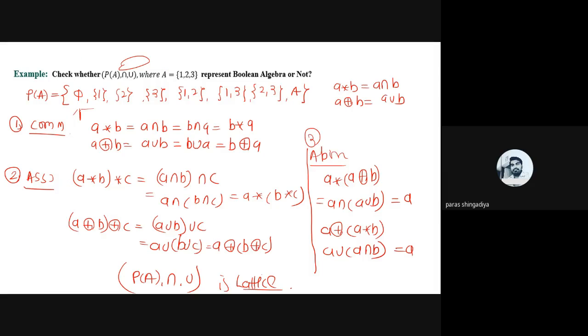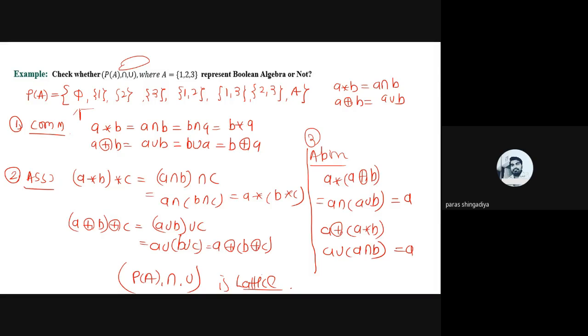Clear? Then next is {1} dash. Okay, complement of {1}. Which entry will be the complement of {1}? Their intersection will be phi and their union will be the capital A. Which pair can you consider? We have the choices {1,2}, {1,3} and {2,3}, because we cannot consider singletons {2} and {3}, whose intersection is phi but whose union will not be capital A. Capital A is {1,2,3}.